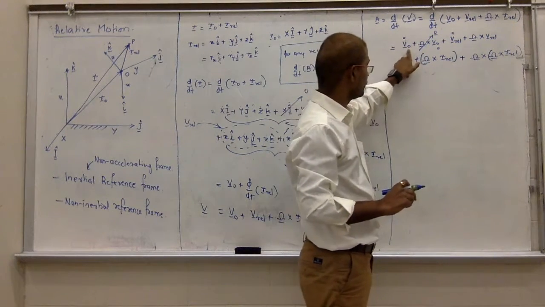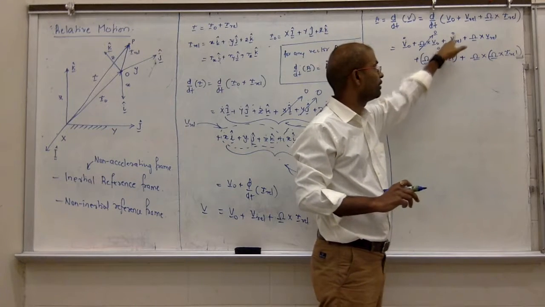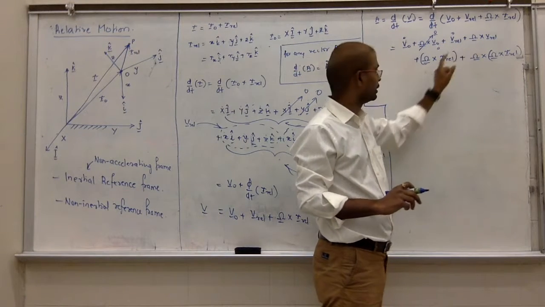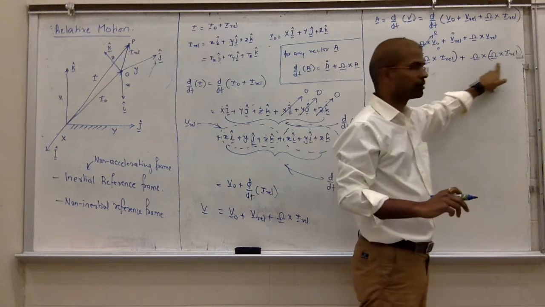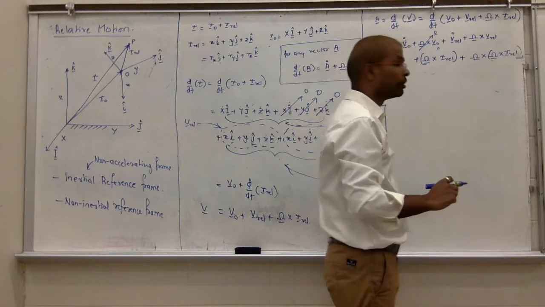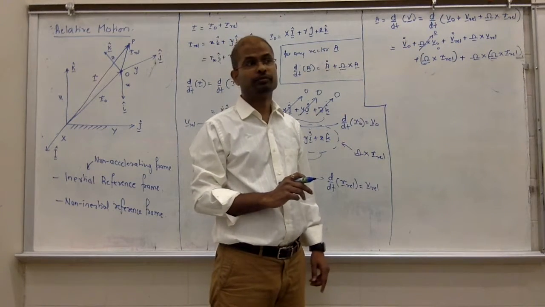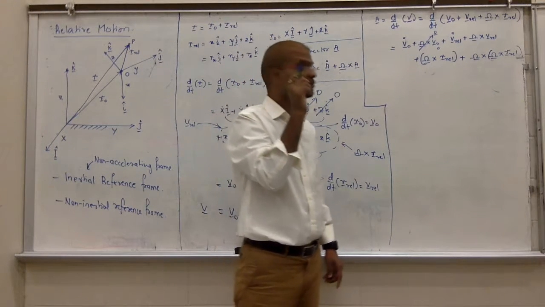So this is V naught. This goes to 0. This V relative circle dot is just the local derivative. Okay. Plus omega cross with V relative, and I have taken this plus this. Got it? The dot you got there on the last part is over omega.